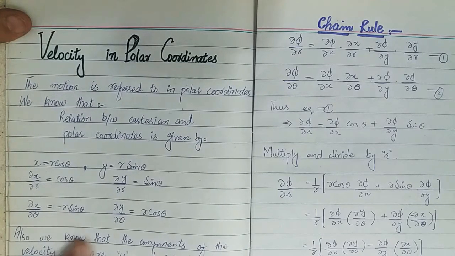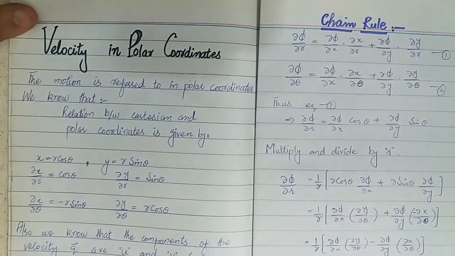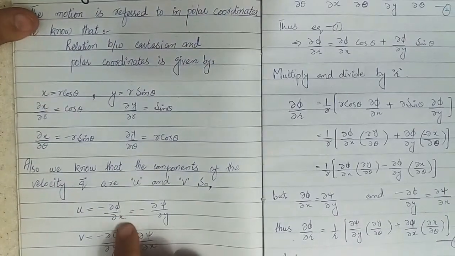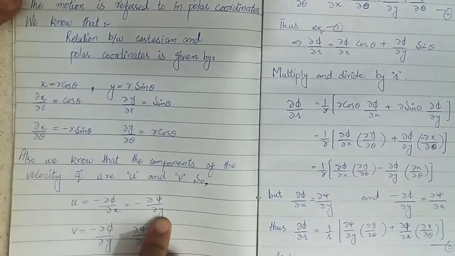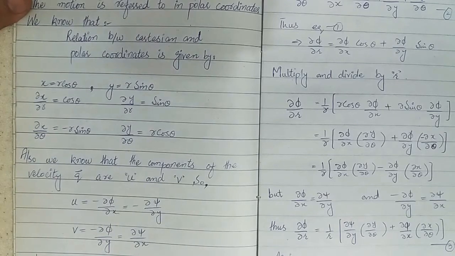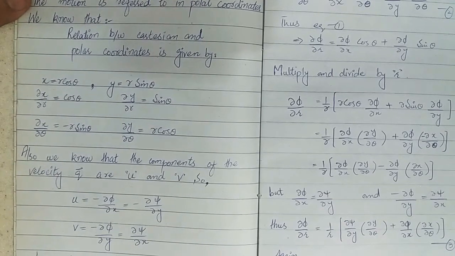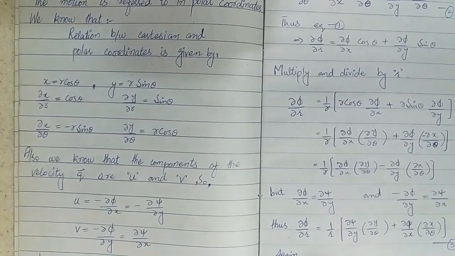And we know the velocity components u and v: u is equal to minus partial phi by partial x, which is equal to minus partial psi by partial y. Means partial phi by partial x and partial psi by partial y are both the same in the u component. And in the v component, partial phi by partial y is equal to negative of partial psi by partial x.